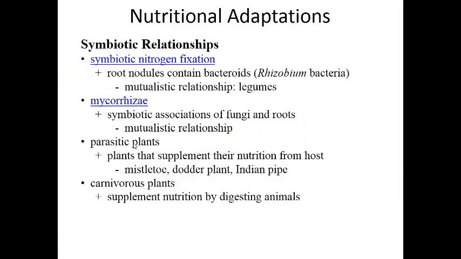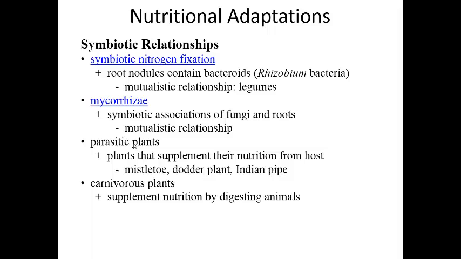Plants contain many symbiotic relationships with other organisms in order to obtain nutritional benefits. One symbiotic relationship is symbiotic nitrogen fixation. We know that plants obtain nitrogen from the soil in the form of nitrates.